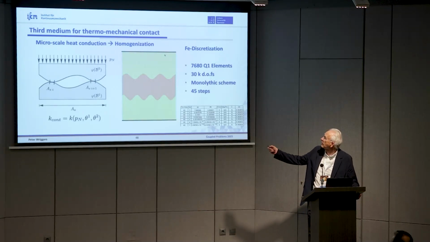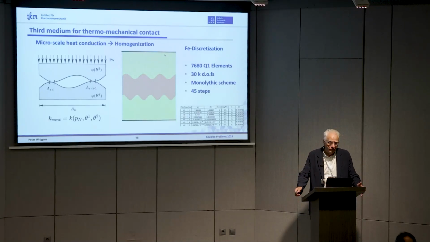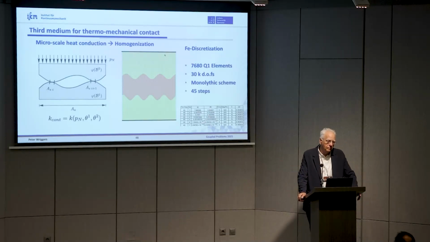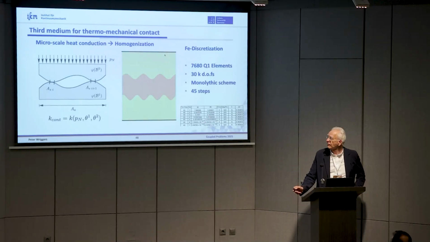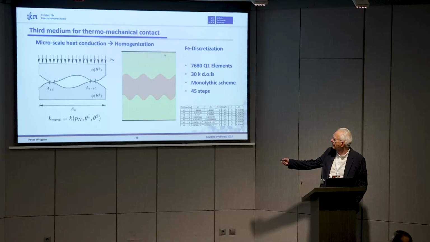Here it's Q1 elements, 30k degrees of freedom, again a monolithic scheme, 24 steps. Here you can actually see one of the load steps, where you can see how the residual changes, and you can even see that this is a classical Newton convergence, like 10^-7 to 10^-12, and before it was 10^-4.